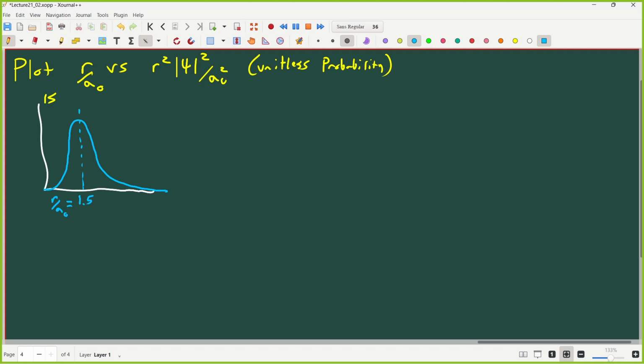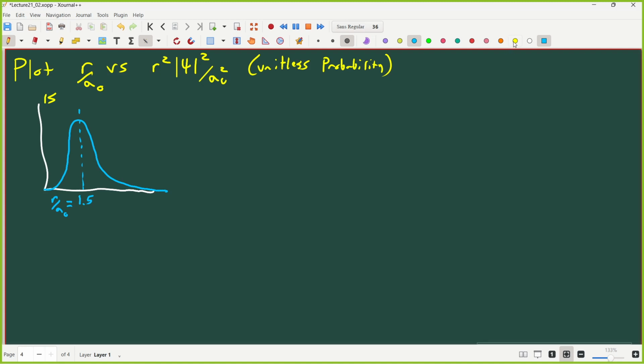It just looks like a broad distribution. There's no wave-like properties. It's just got one wave, no nodes. The only place where it has 0 probability of existing is at r equals 0. The only node is on the proton.